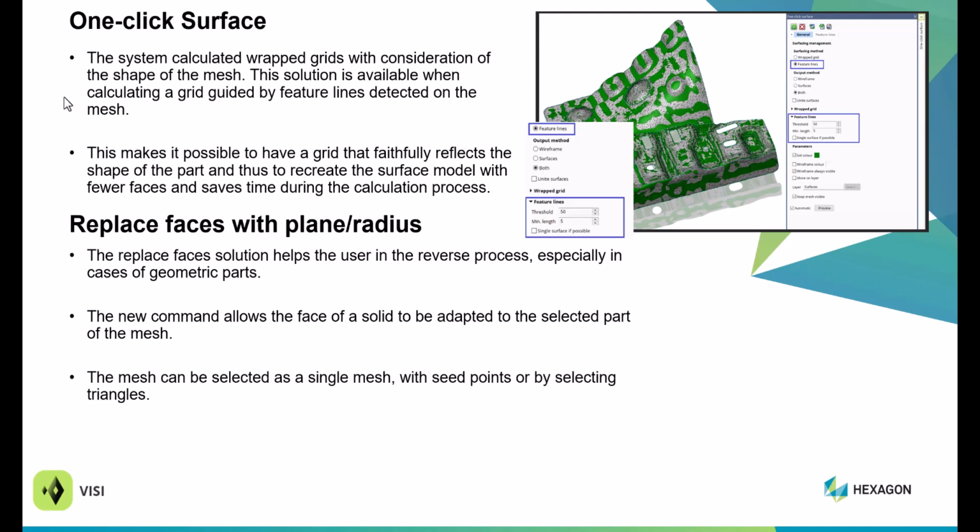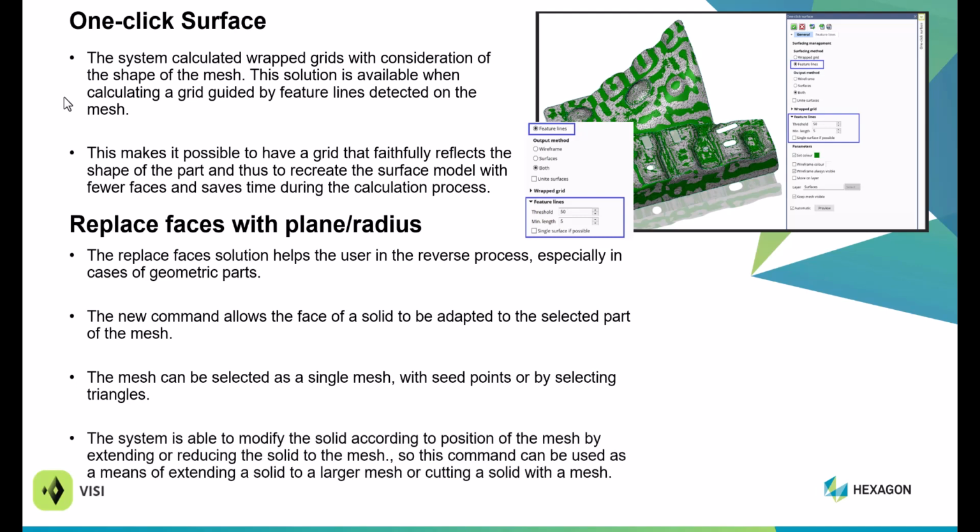The mesh can be selected as a single mesh with seed points or by selecting triangles. The system is able to modify the solids according to the position of the mesh by extending or reducing the solid to the mesh. This way the mesh can be used as a means of extending a solid to a larger mesh.